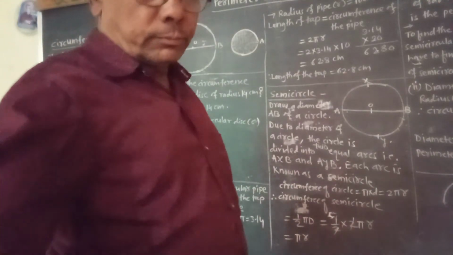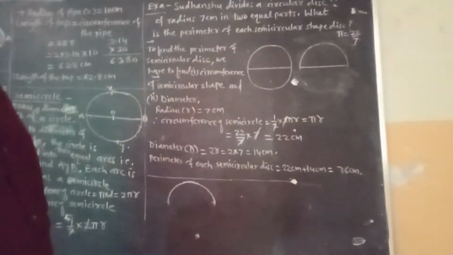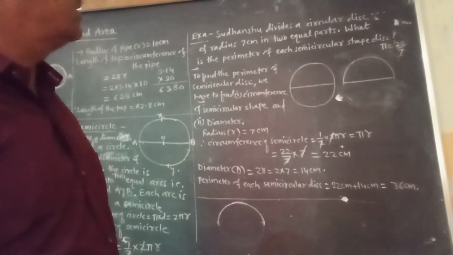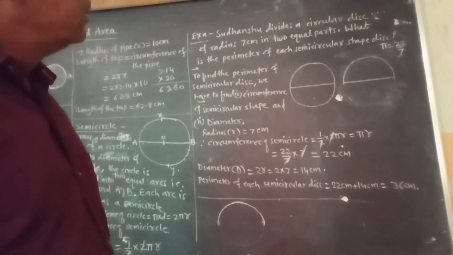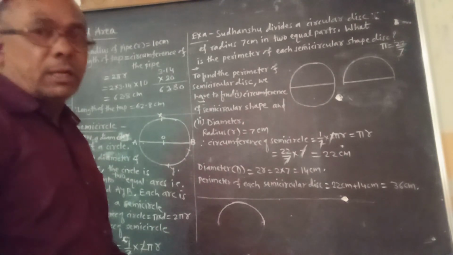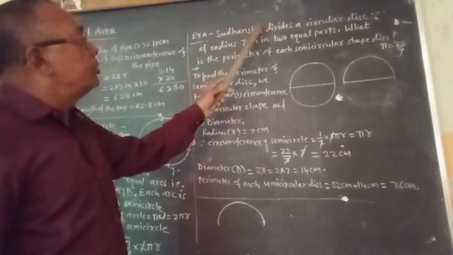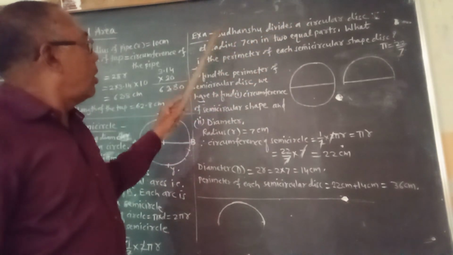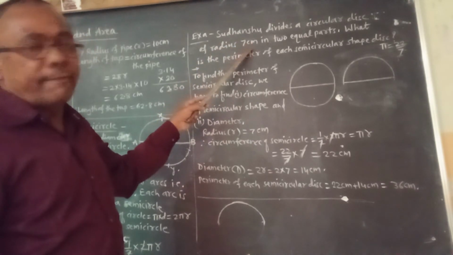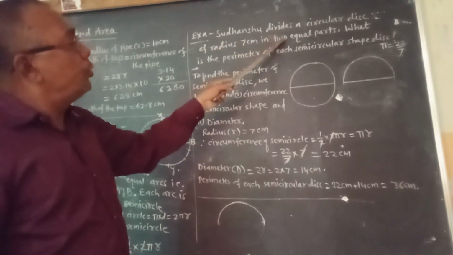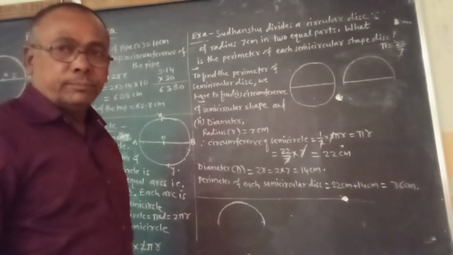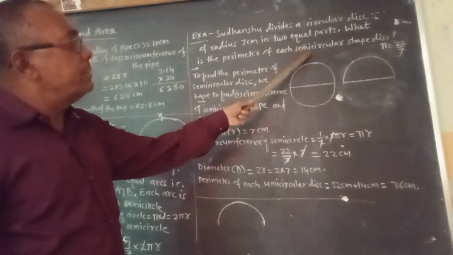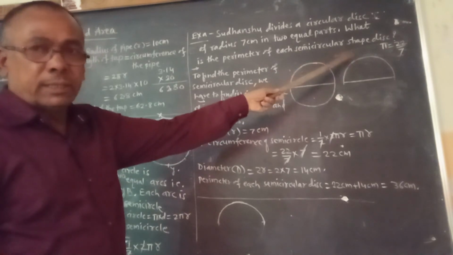So there is one example to find the circumference of the semicircle. Here Sudhanshu divides a circular disc of radius 7 centimeter into two equal parts. What is the perimeter of each semicircular shaped disc?